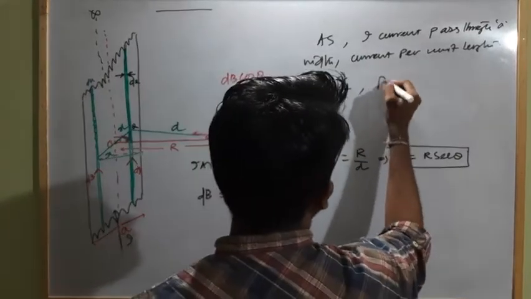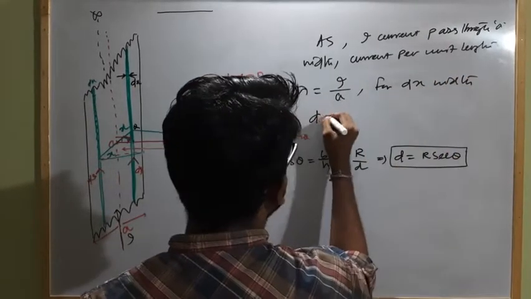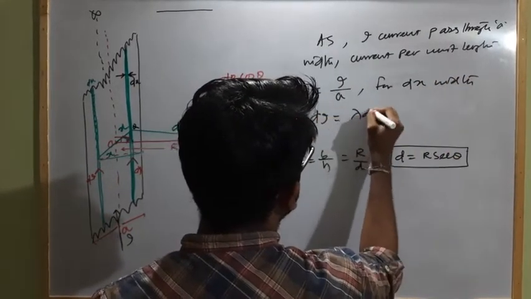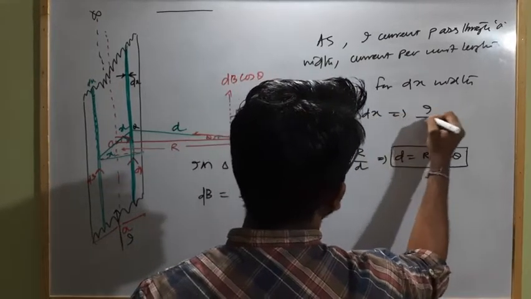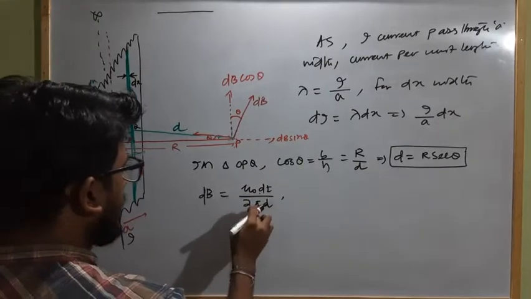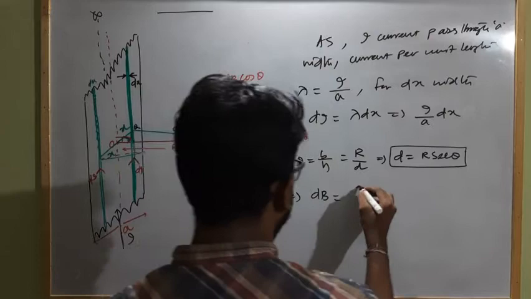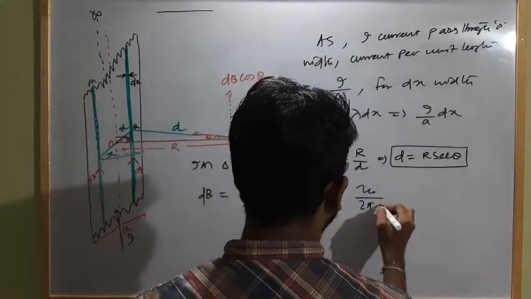So for dx width, dI will be how much? Lambda into dx. This implies I by a into dx. So here dB equals mu naught dI by 2 pi d. This implies dB will become how much? Mu naught by 2 pi d.